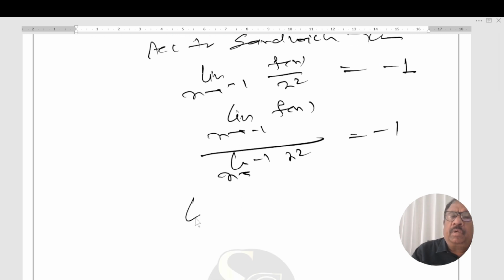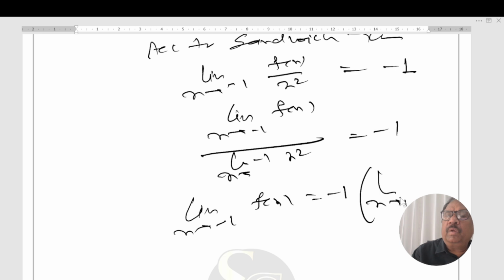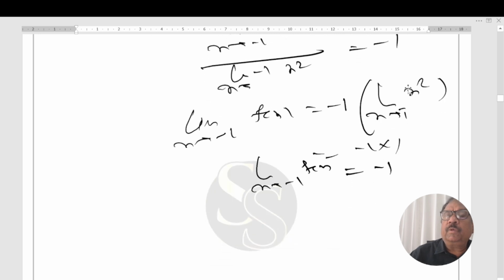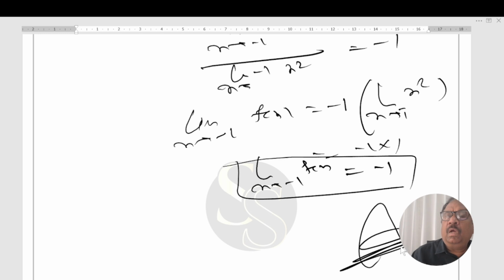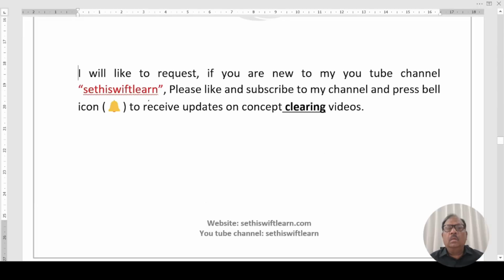In this case, limit x tends to minus 1 of f(x) will be equal to minus 1 into limit x tends to minus 1 of x square. Put the limit of minus 1 into 1, that is minus 1. So limit x tends to minus 1 of f(x) comes out to be minus 1. This is the answer, right?